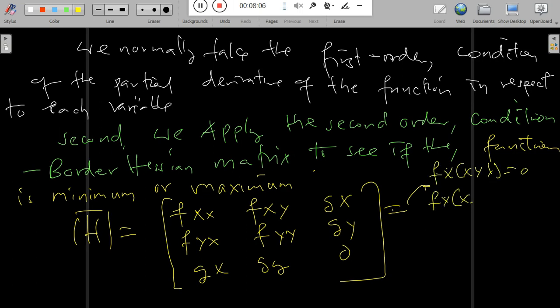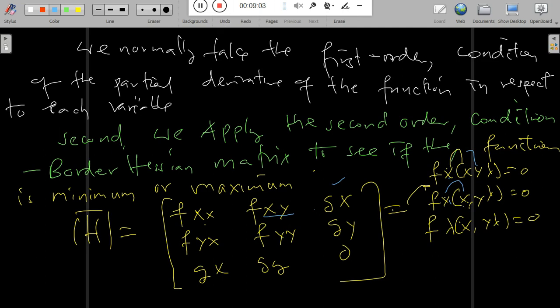So L_x of (x,y,lambda) is equal to 0, and L_y of (x,y,lambda) is equal to 0, and L_lambda of (x,y,lambda). So when you take L_x with respect to x, we obtain our f_xx. We take L_x with respect to y, we get f_xy, and we take L_x with respect to lambda, that gives you g_x.